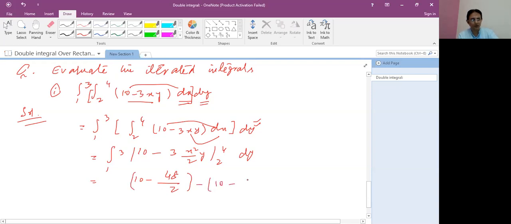Now the lower limit: 10 into 2 is 20, minus 2 square, which is 4, 4 divided by 2, times 3y, which is 6y. If you solve it, the answer is 24.